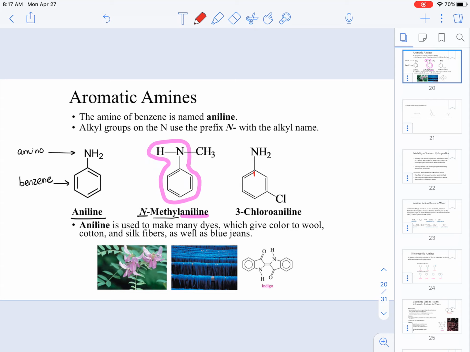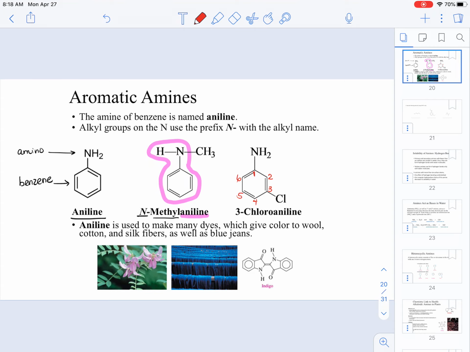So in this case, we need to number this ring clockwise. So this is position 2, position 3, 4, 5, 6. That's why the name of this compound is going to be 3-chloroaniline.